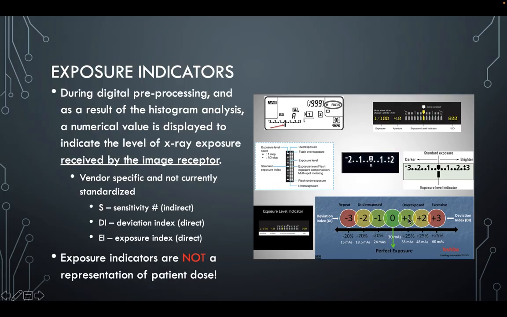If I'm up in the plus, I have overexposed. If I am down in the negative, I have underexposed. Same with exposure index: a really high number means overexposed, and a really low number means underexposed. But remember, these are not a representation of patient dose.